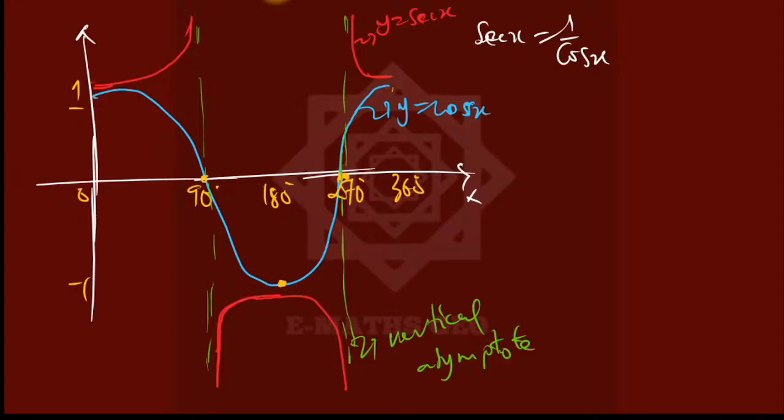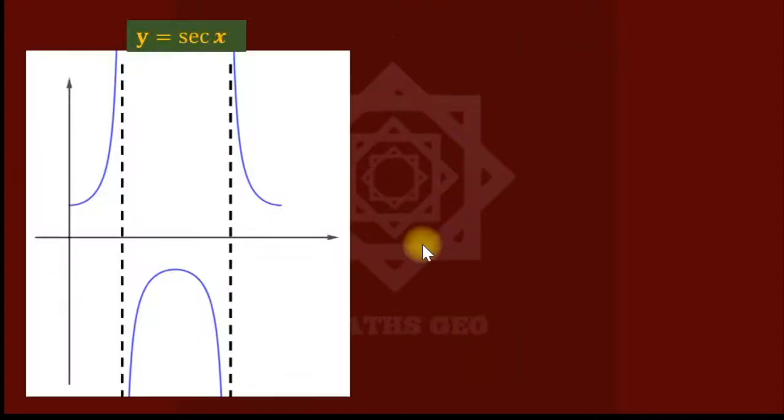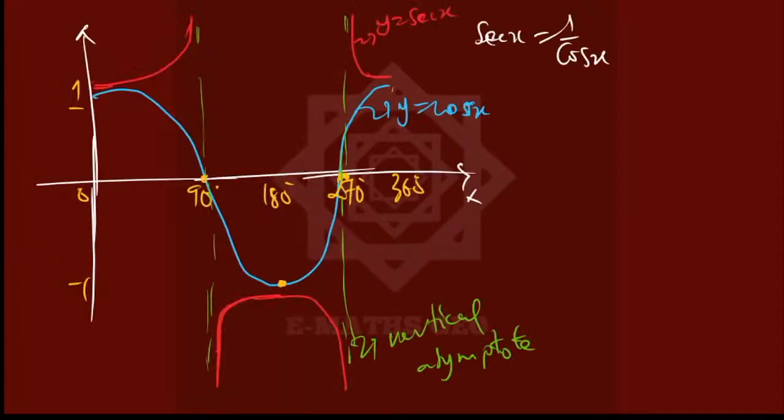So let's see what it looks like. Like I've said before, this is 1, that's -1. And the vertical asymptote occurs at 90 and 270.